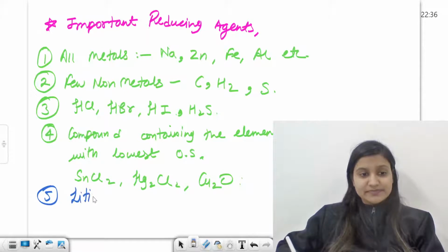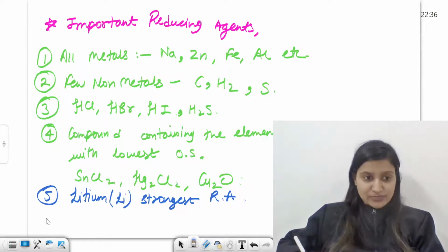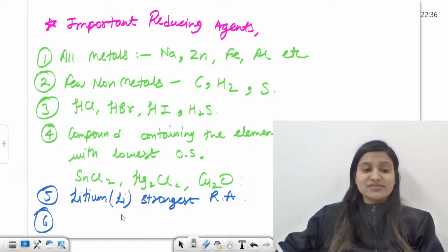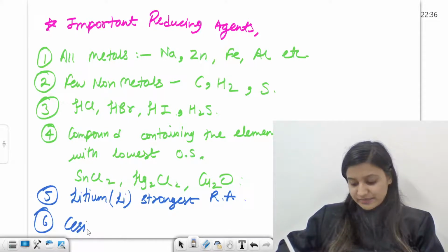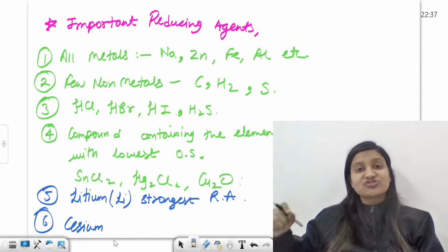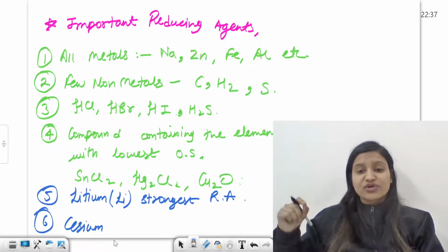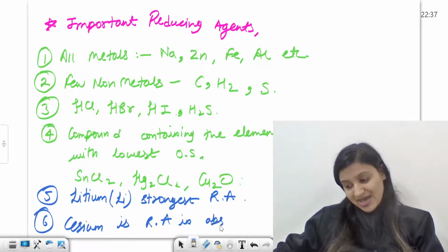And cesium is a strong reducing agent in the absence of water.